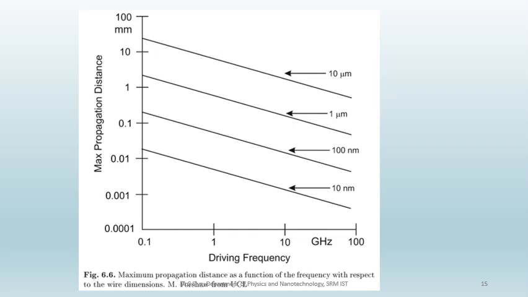As frequency increases, the RC delay due to the wiring dominates. This limits the communication range. This is why modern nanoscale processors rely more on local computation and avoid long distance communication whenever possible.